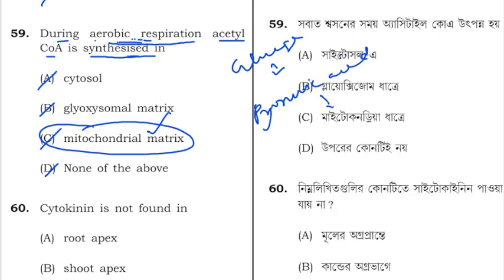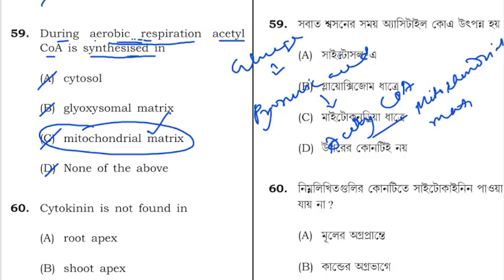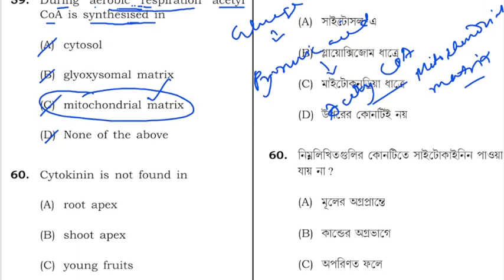Pyruvic acid will then be converted into acetyl CoA, and this will happen in the mitochondrial matrix. The option C is correct.